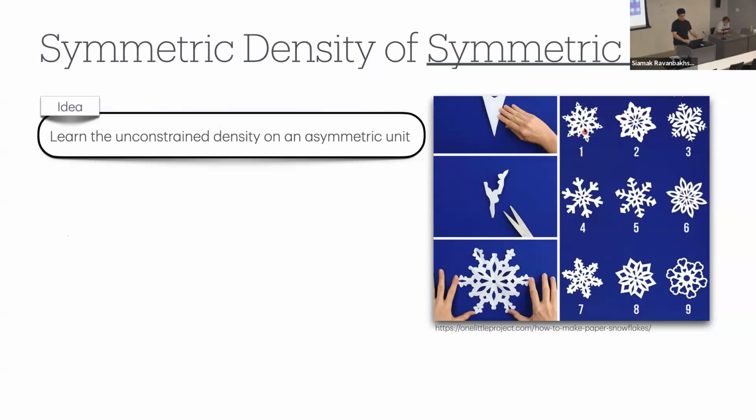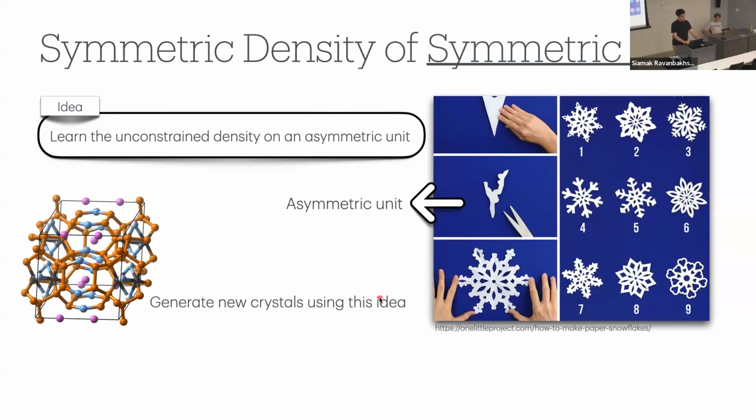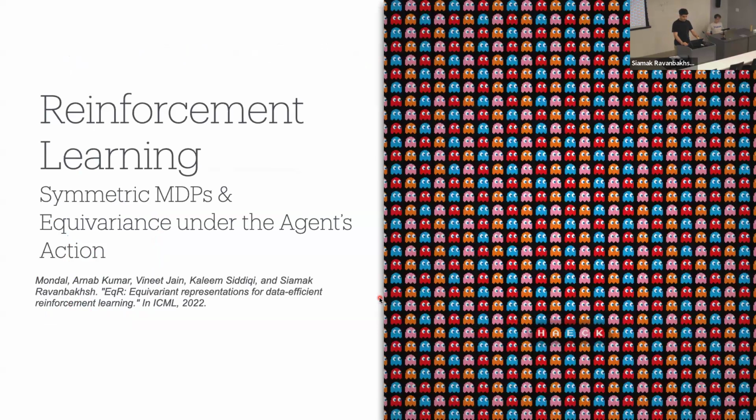In the same way, this unrestricted space in which you do your cuts is called, in crystallography, the asymmetric unit. So you can try to generate parts of the crystal that are asymmetric, and then from those try to create the entire crystal. The story is a little bit more complicated because you have to produce symmetry information for each individual atom in that setting. But the idea is basically this. So, one final topic.